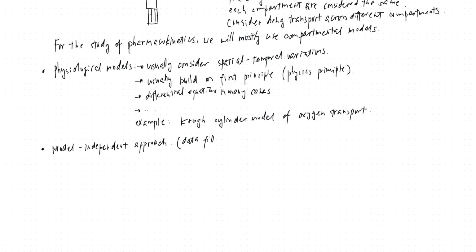So it means you don't invoke any modeling. For example, for an experiment, you obtain something, x as a function of time, whatever you are going to measure. And then maybe you got this curve, and you either don't know what the governing equations are behind that, or you don't care.